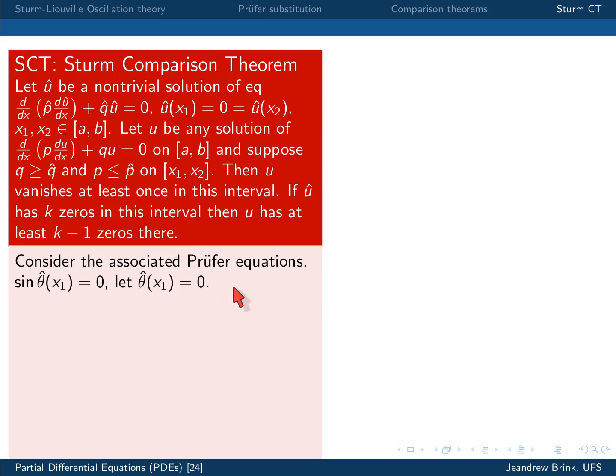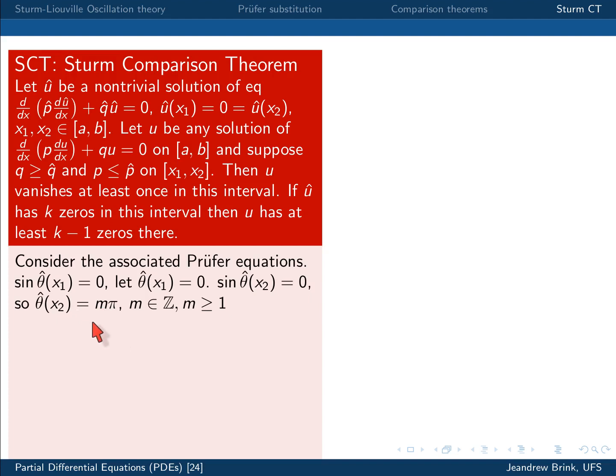And we also know that sine of theta hat at x2 is equal to 0, and we can say therefore that theta hat of x2 is equal to m pi, where m is an integer but m must be greater than or equal to 1. Because we know the theta equation from our first P1 result before in part A always has that sort of ratchet mechanism. We know that theta of x2 can definitely not be 0, it's got to be greater than that. And we might have skipped the 0, so we can describe it like this in general.